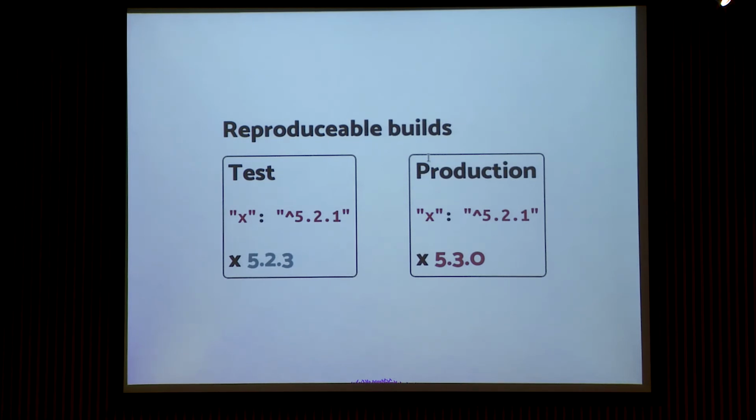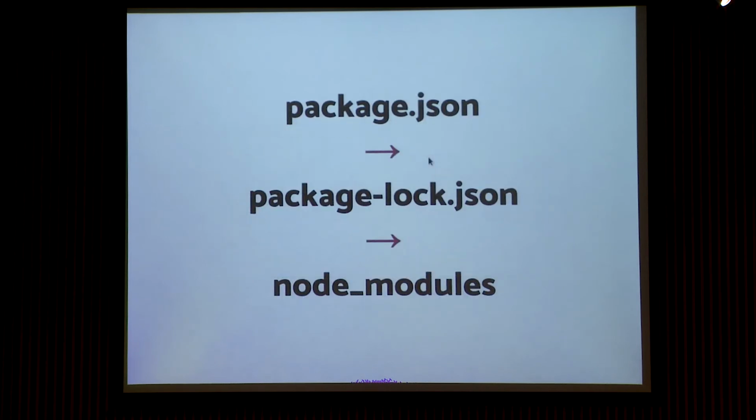Yarn, the other client-side tool for working with the npm registry, started doing this by default from when it was published, and npm 5 and up also do this by default now. They use a file called package-lock.json.